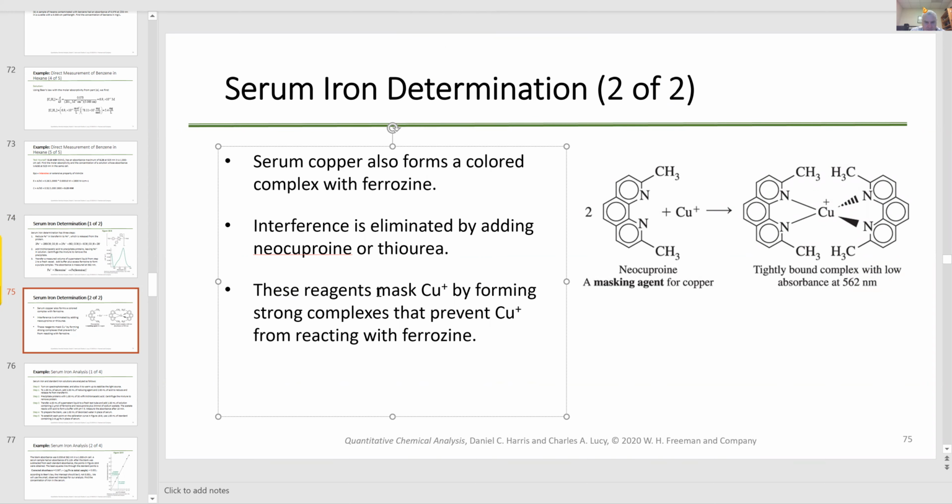To mask an interferent is to complex it so that it doesn't absorb in the same region where your sample does, right? So that's an important concept here. So masking, that'll come up later, like on an exam or something.